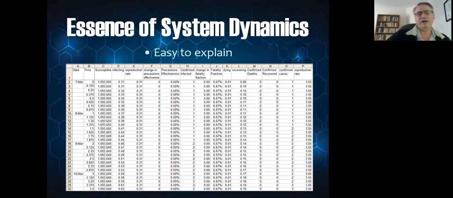And the values inside each cell represent the connections that are shown in the model, and therefore you can explain a model connection as a cell reference in an Excel spreadsheet.